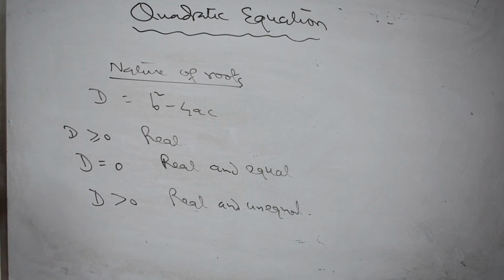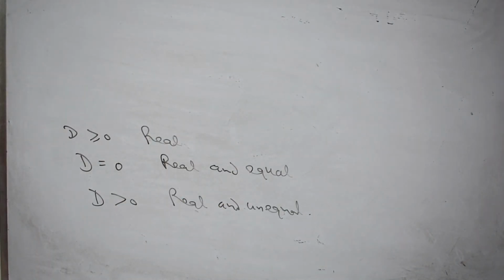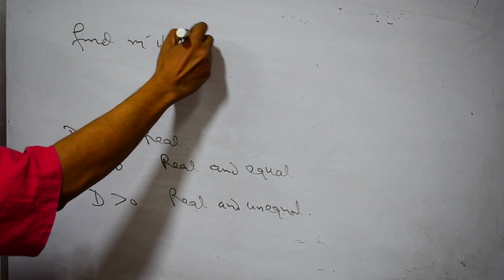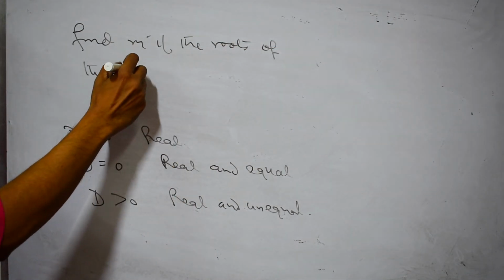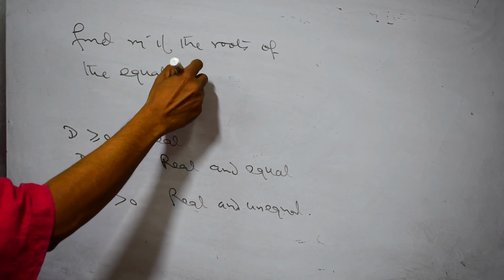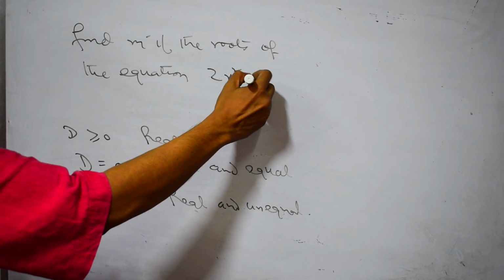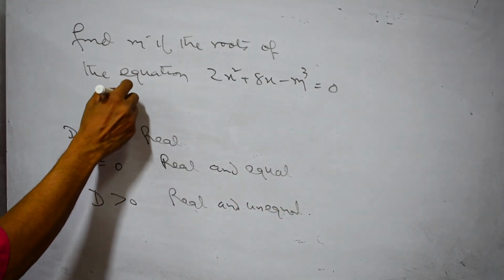Now how can the questions come? The questions mainly come from the concept of real equal roots. That means we can get a question like: find m if the roots of the quadratic equation 2x square plus 8x minus m cube is equal to 0 are equal.